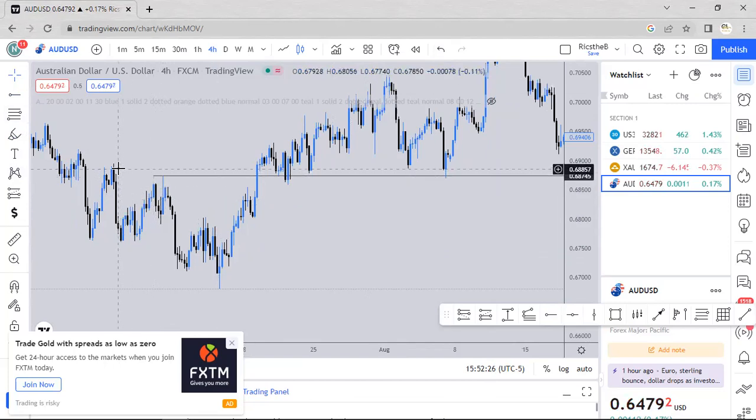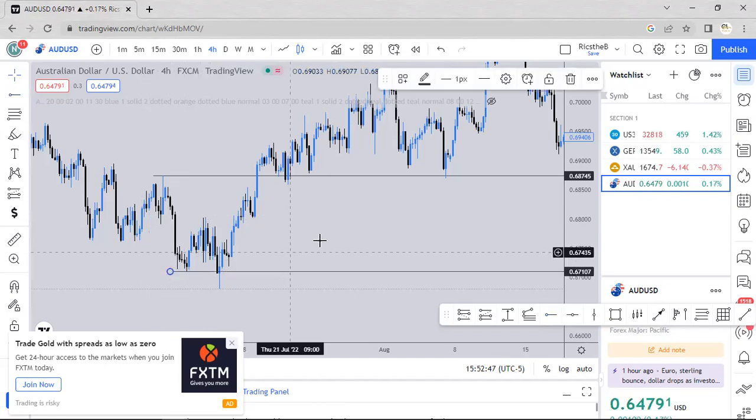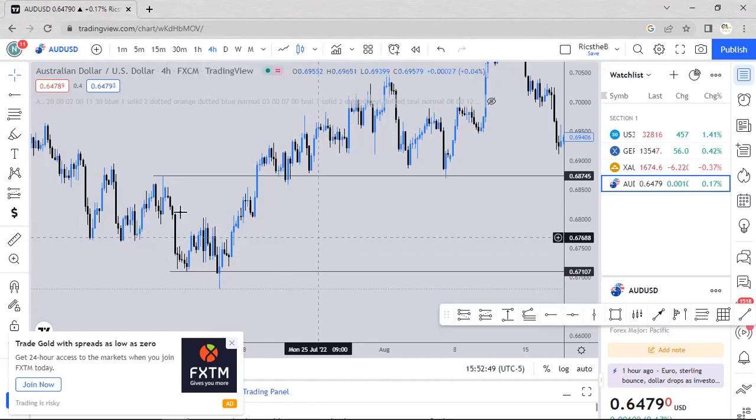Why? Because you can see we had this lower high, then equal lows, then a lower high, then price from here pushed all the way down to give us a lower low, and then price pushed up to give us a lower high, but price never went past this zone. Why am I marking these areas as the protective highs, or rather the swing points?